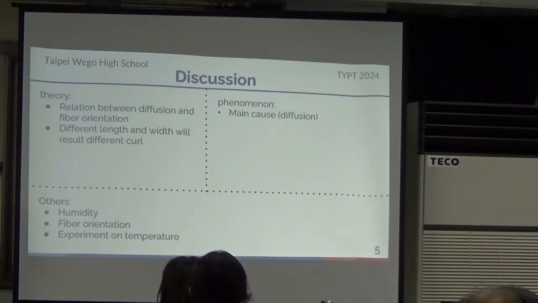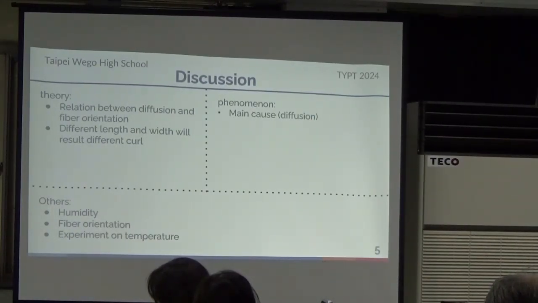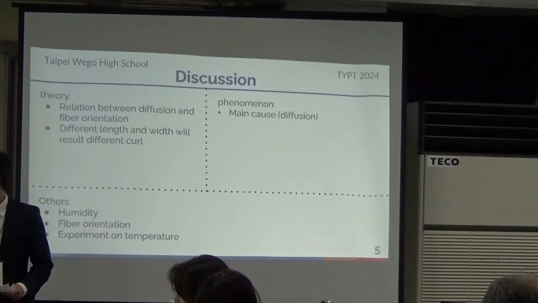And for the phenomenon, we're going to discuss which is the main cause of this phenomenon. And also, there are other topics we're going to discuss. First is the humidity and the fiber orientation, also the experiment on temperature. So I would like to invite the reporter.